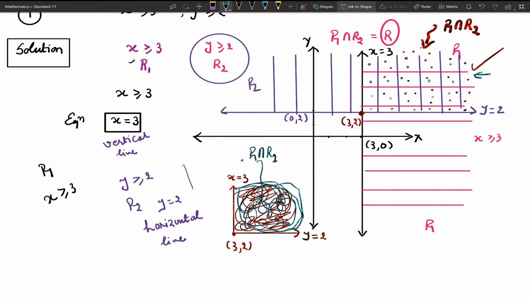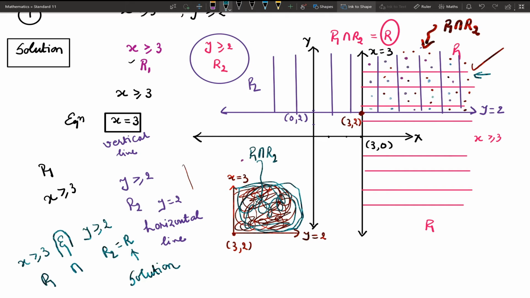So this is the solution obtained by the inequality x greater than or equal to 3 and, as we know, the intersection y greater than or equal to 2. So if this is region R1, this is R2, then R1 intersection R2 equal to R, this is the solution graphically.